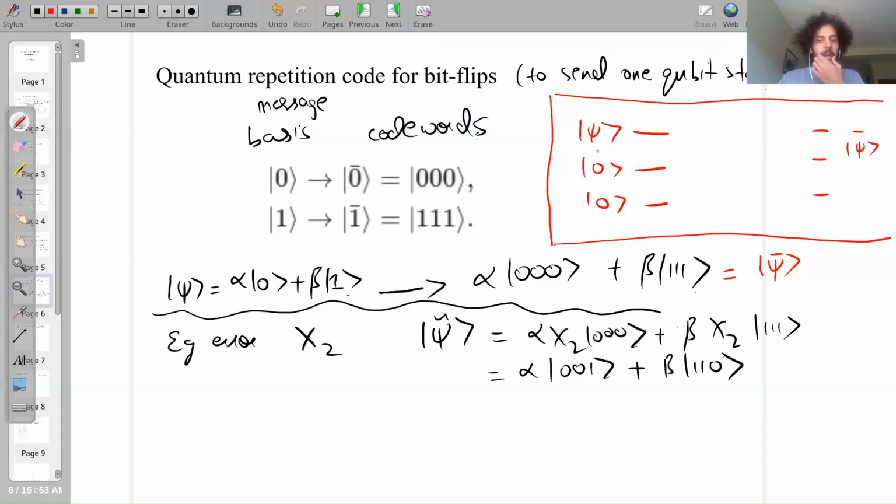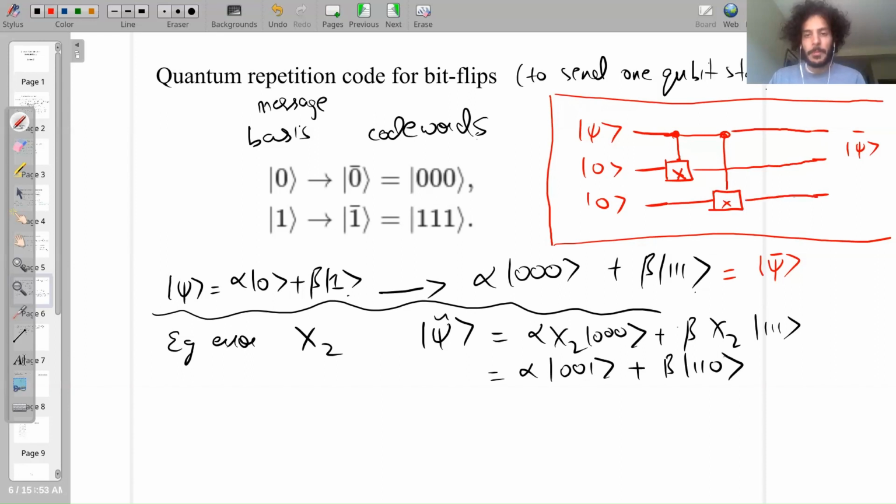Yeah, so controlled gates are the answer. Basically, in this scenario, we will use controlled-X gates. So I can do a control over here, and another control over here, something like this.